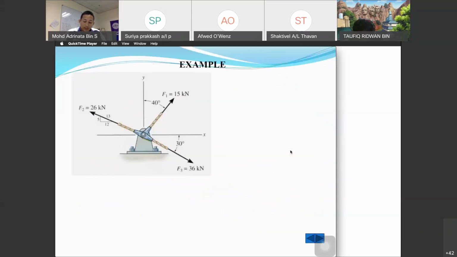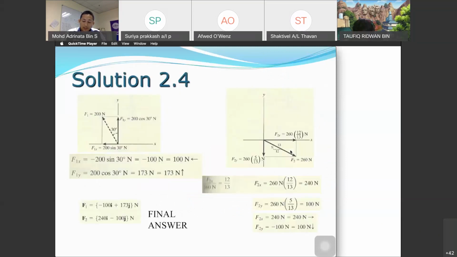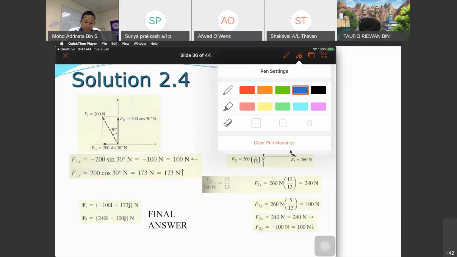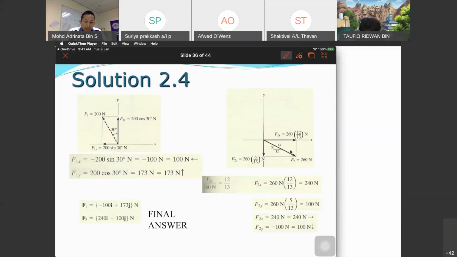So this is the answer should be. So we have broken our F1. This is Fy and this is Fx. Fx is to the left direction. This one, Fy in y direction, positive up.